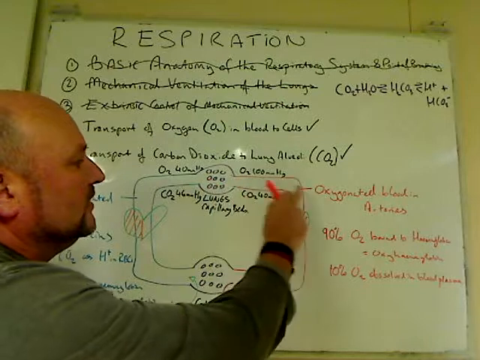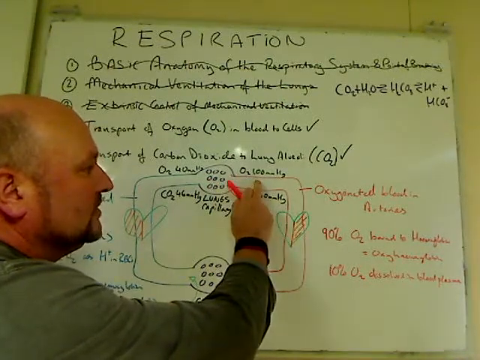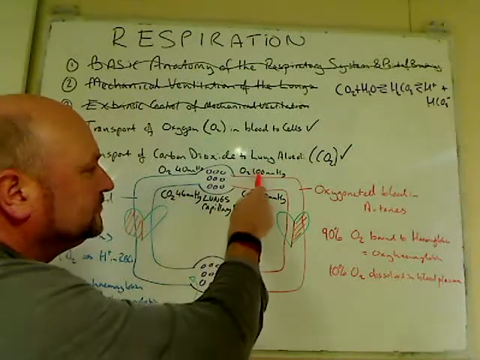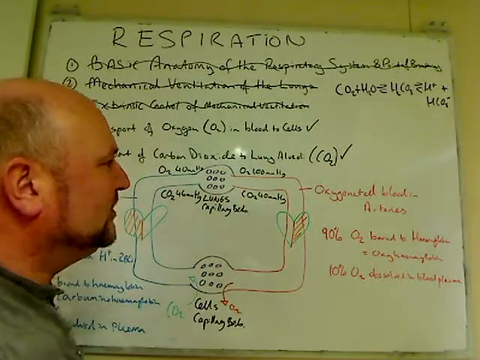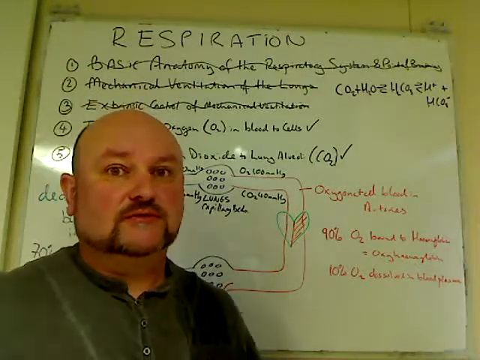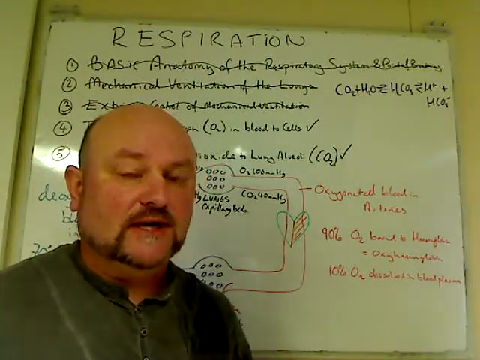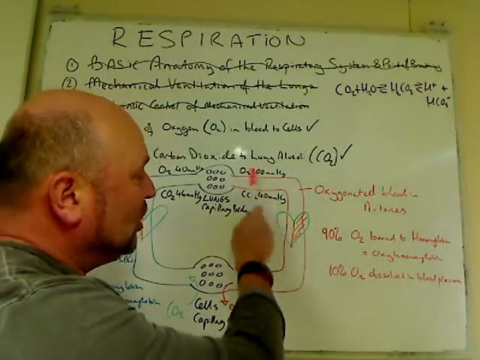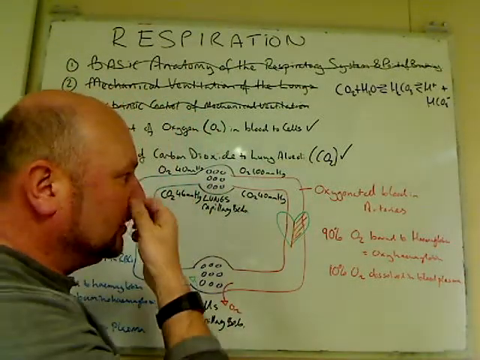But think about the oxygenation and what levels of oxygenation there are. In oxygenated blood, of the 760 millimeters of mercury that we have in total, the partial pressure of the oxygen is 100 millimeters of mercury.